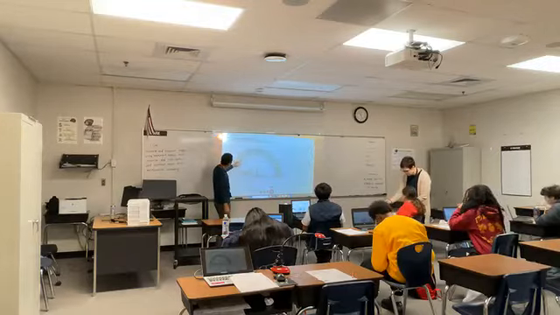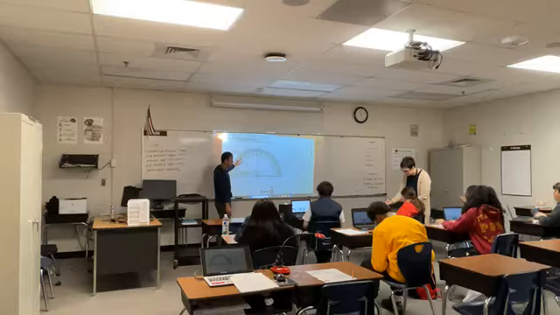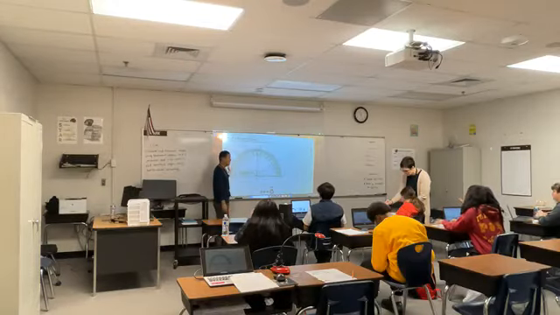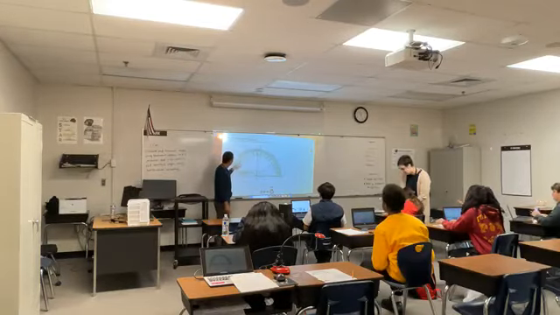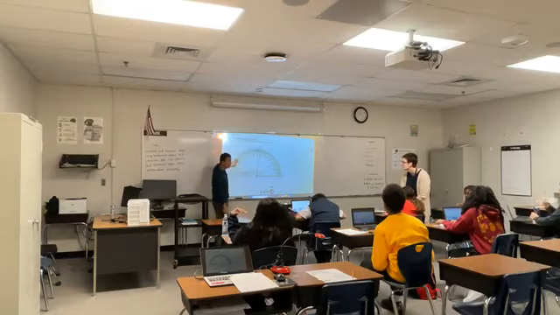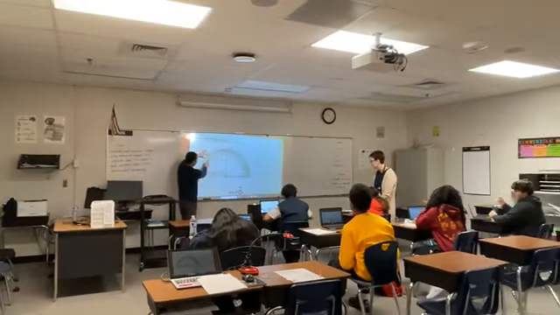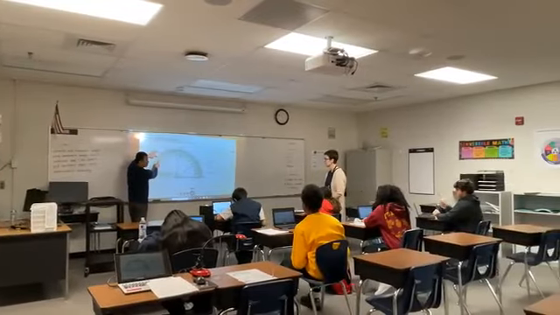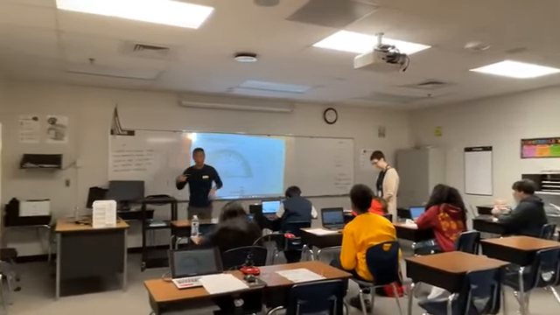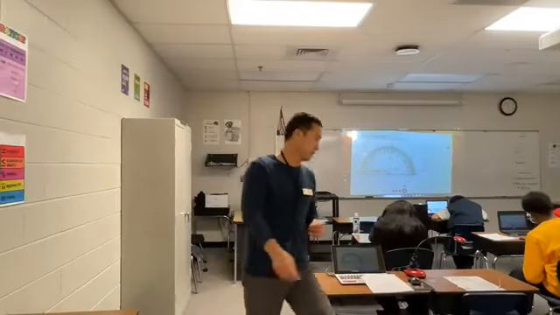What number is it? 131, 132. Where are we? Hey, this is 140 right here. Look, that's 140, that's 130. There's 135. So what are we right here? 134. Good. It'll be 134. 134 degrees.